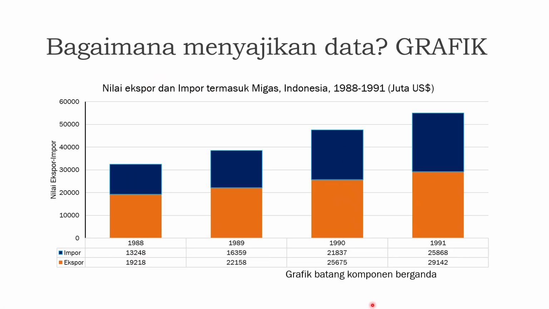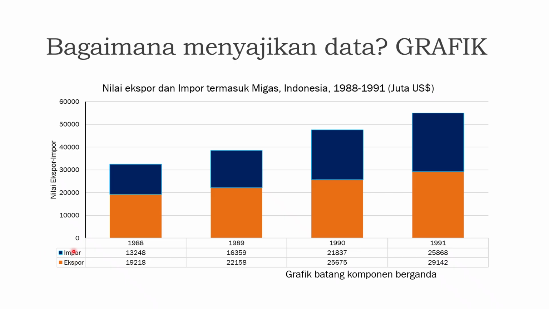You can also have a bar chart with more than one data. It is called grafik batang komponen berganda. The bar chart with double component. You can also have more than two components together.